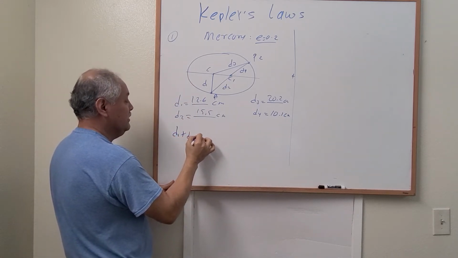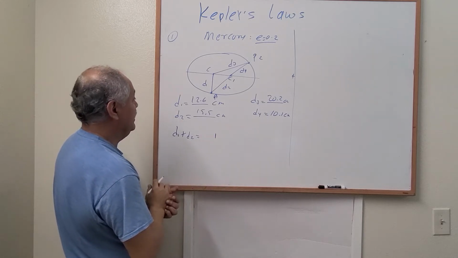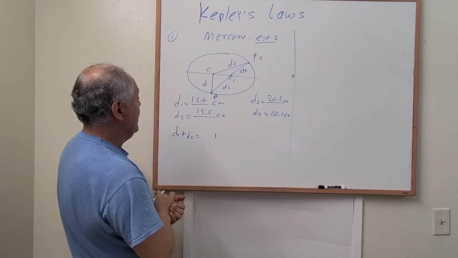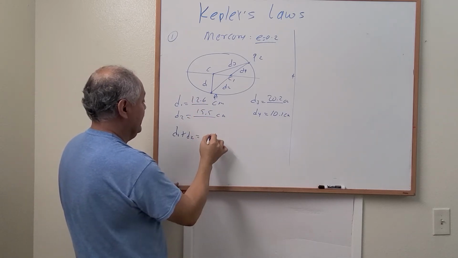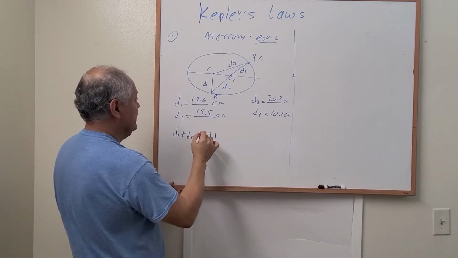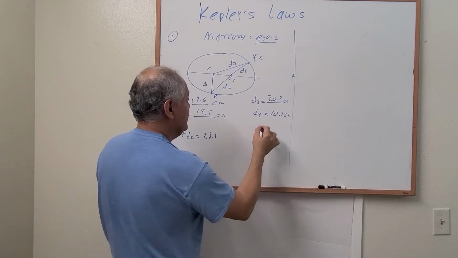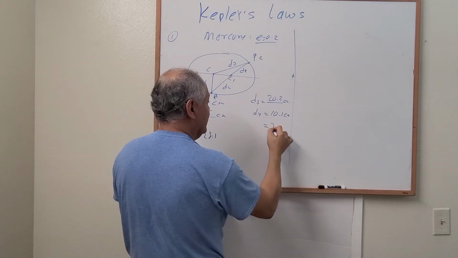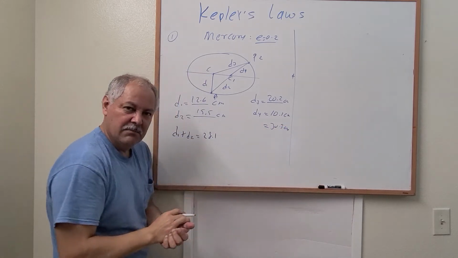Okay, now let's add these two. D1 plus D2 is going to be, I'm trying to match these two, 28.1, and this is equal to, again just guessing numbers, 30.3 centimeters. These are supposed to be the same.